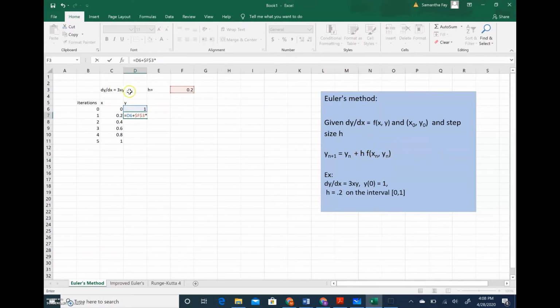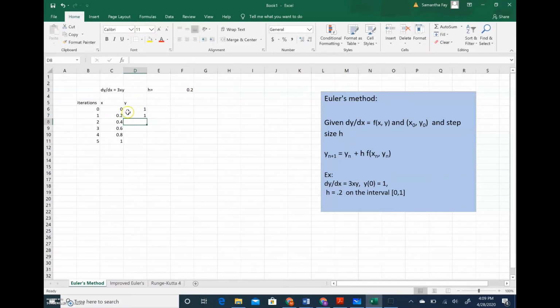My derivative says 3 times x times y, so 3 times my previous x value times my previous y value. And we can hit enter.